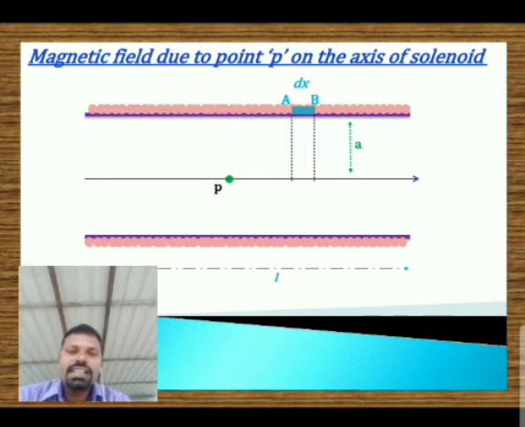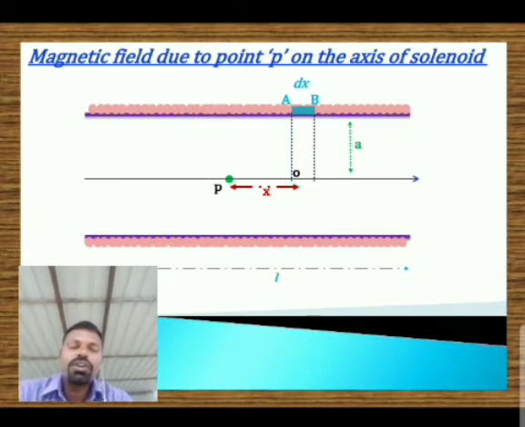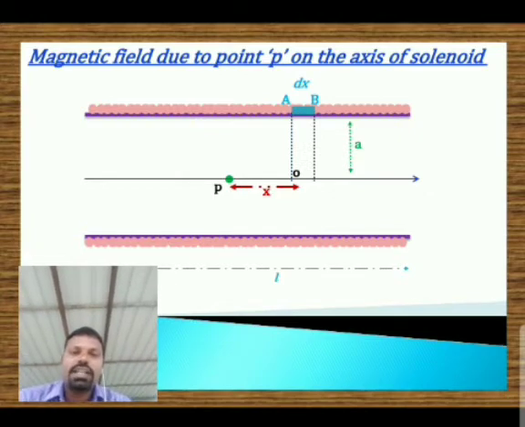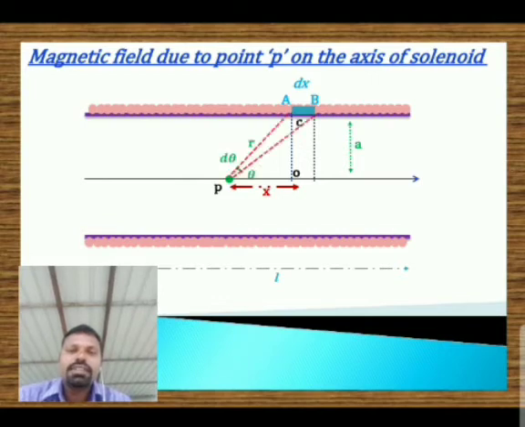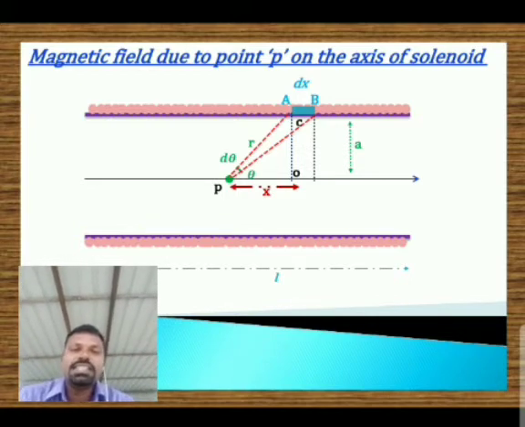Now this dl is at a distance x from the point of observation. Here O is the center of the solenoid. See here, the point P makes an angle d theta with the ends of the line segment, that means A and B.